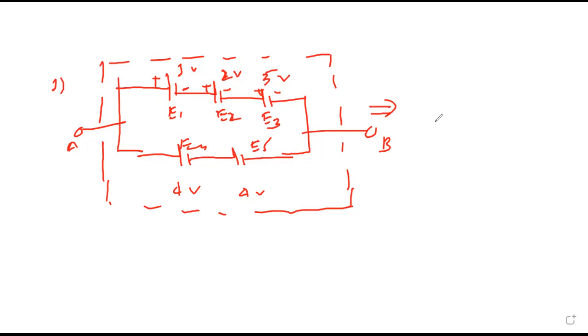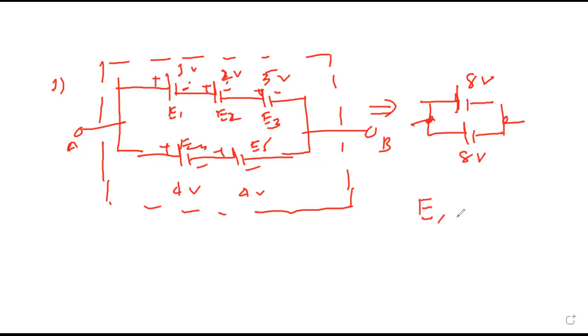I had explained this in potentiometer. So the total of 1 plus 2, 3 and 5 will become 8. This 4 and 4 will also become 8. So two cells of the same magnitude are in parallel, and the equivalent will be the individual one. 8 volt in parallel, voltage is the same.